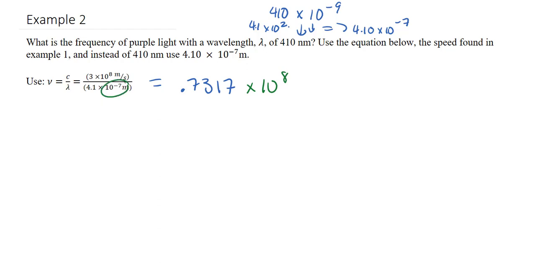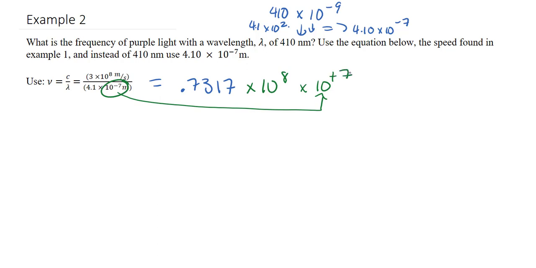Then what happens to the 10 to the negative 7 below? We could divide by times 10 to the negative 7, or we can bring it up, and when we bring it up, it becomes positive. So this becomes times 10 to the positive 7, because we brought it to the numerator.